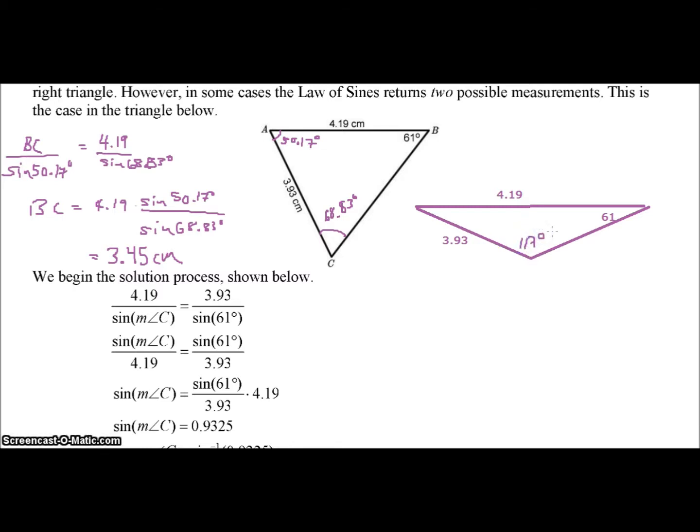That means the other angle is 180 minus 117 minus 61. Was it 117 or 111.17? I think it was, yeah, 111.17 actually. So again, 180 minus 111.17 minus 61, 7.83 degrees.